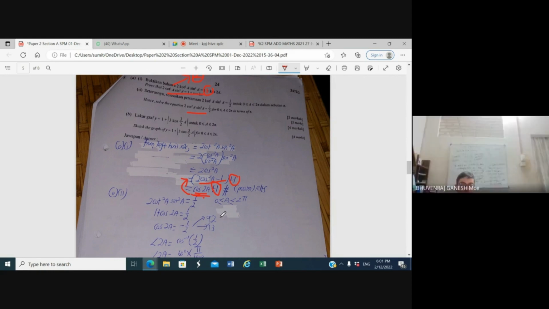I see here, cos 2a. Wait, how did your plus 1 come? 2 cos 2a became 2 cos 2a minus 1 plus 1? The plus 1 is from the original equation; I had to make sure I can get the final answer as cos 2a plus 1. Can you do that? Can.